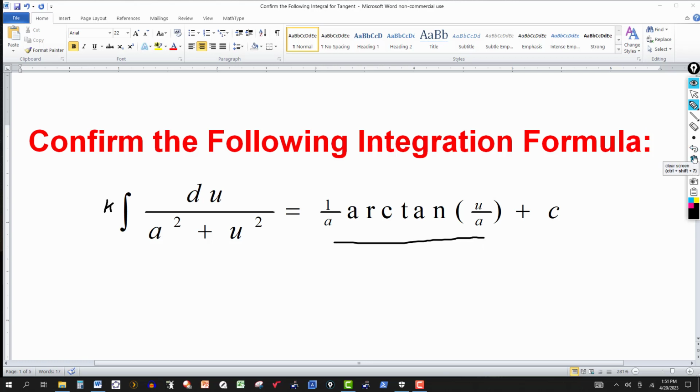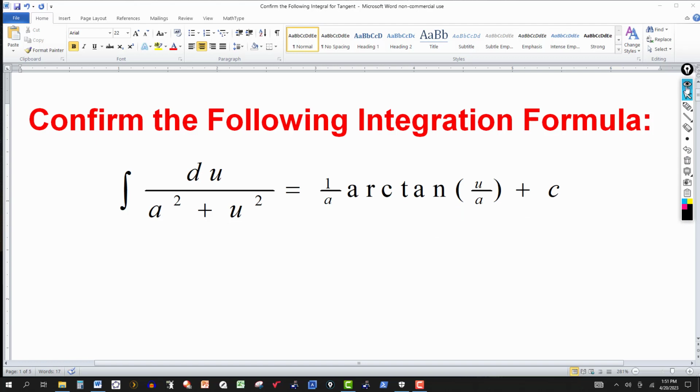So let's derive this formula. And as usual, you can stop the video and try to do it. I'm going to say that tangent of some angle theta is equal to u over a.